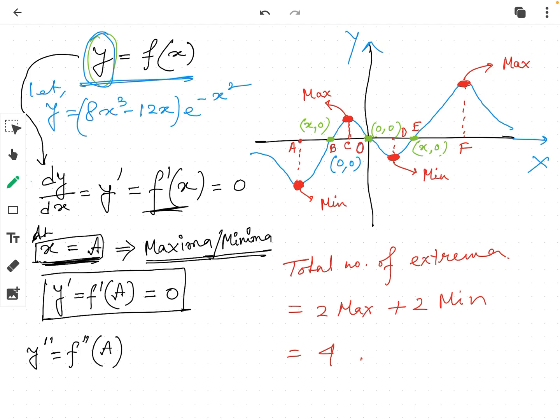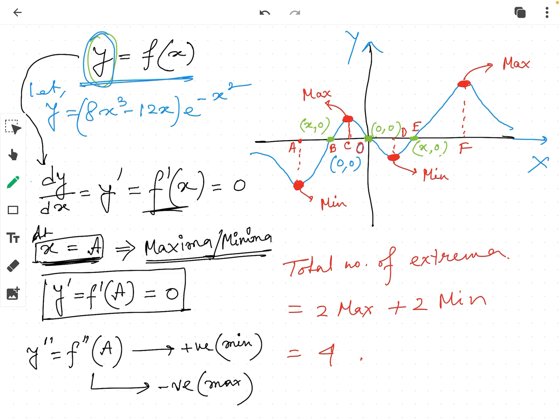If the value of f double prime a is positive, then it will give a minima, and if the value of f double prime a is negative, then it will give a maxima.